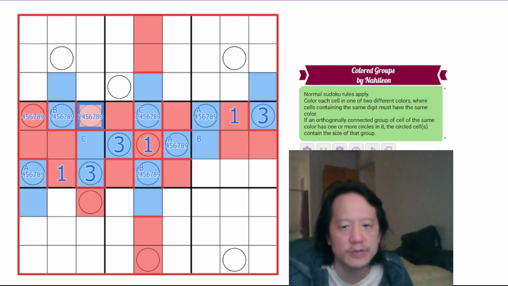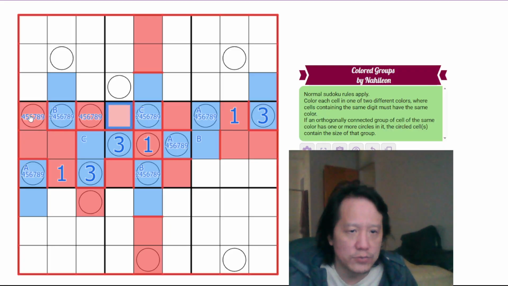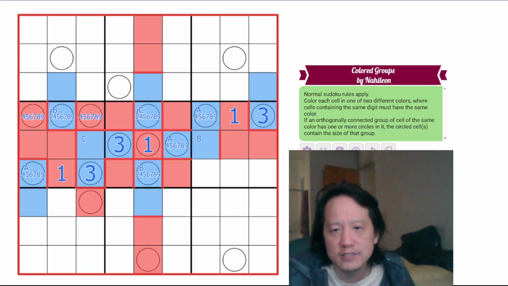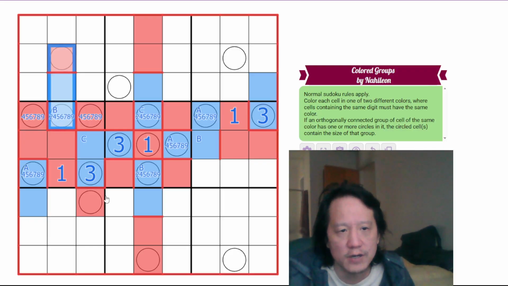So this cannot be 2 here. So we know one of these is 2. No, it cannot. So that's blocked as a border. So this is red, because they're in the same column, and they can't be the same part of the same region. So this is blocked.